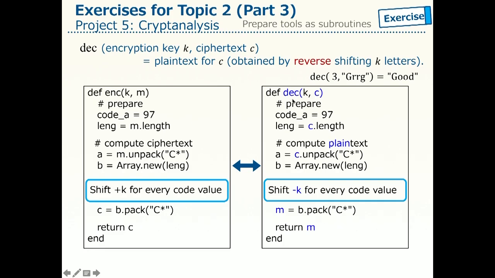Again, I use blue characters to identify the different points. They are mainly the changes of variable names. The essential difference is this one, the minus k shift operation achieving the reverse shift for decryption, recovering the original plain text from the ciphertext. We will consider this at the actual programming.